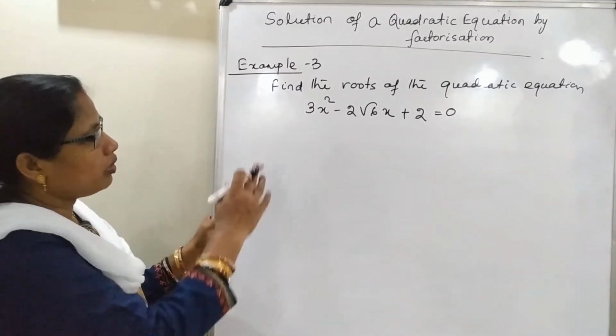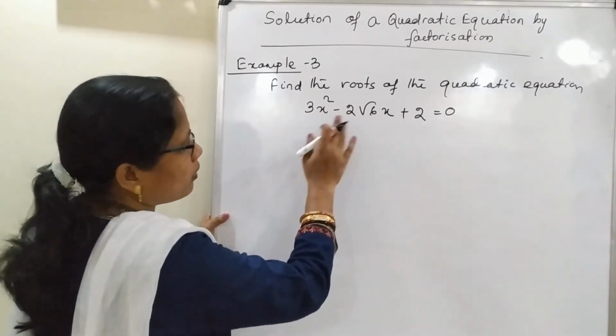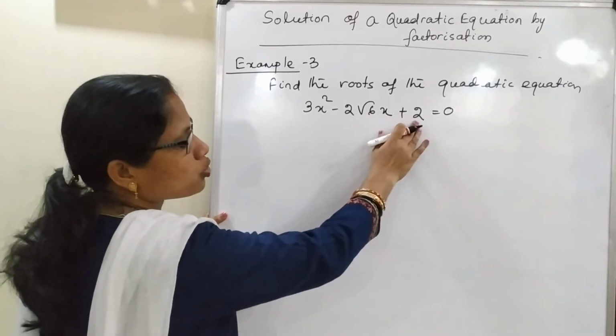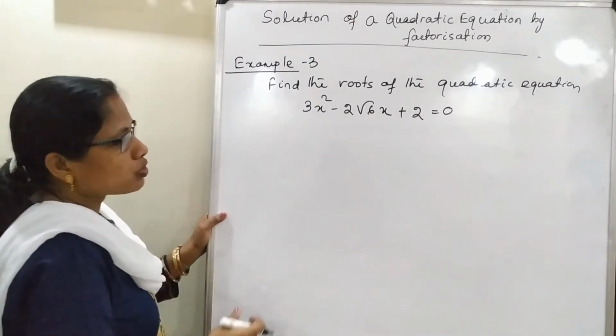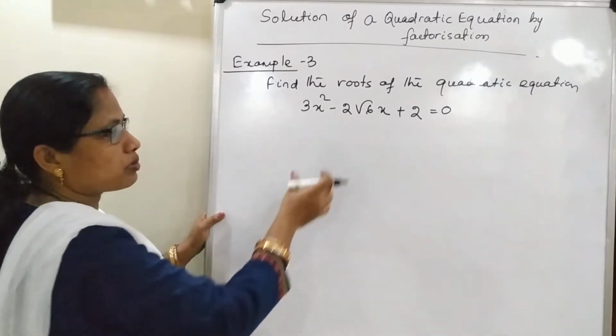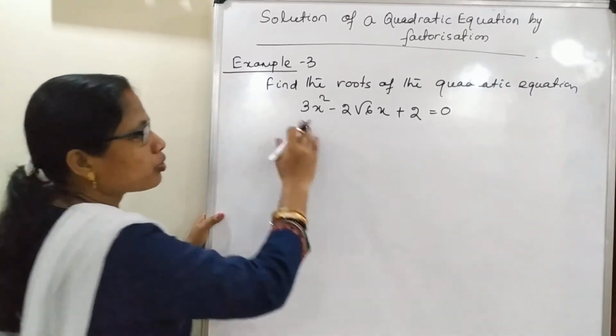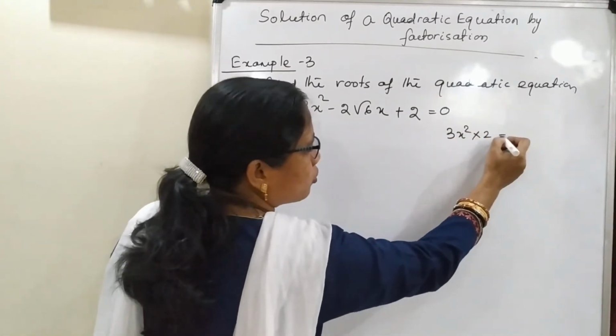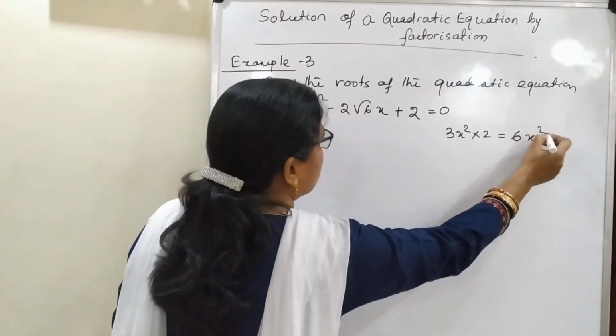Next example. Find the roots of the quadratic equation 3x square minus 2 root 6x plus 2 is equal to 0. So we have to split minus 2 root 6x into two terms such that their product will be 3x square multiplied with 2, that is 6x square.